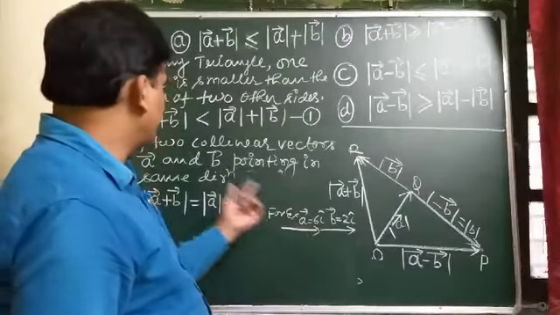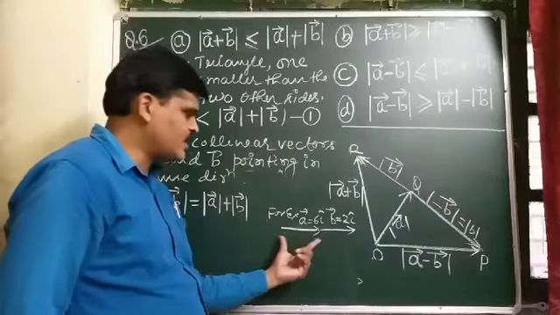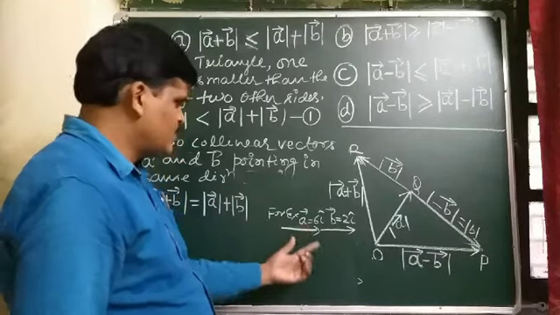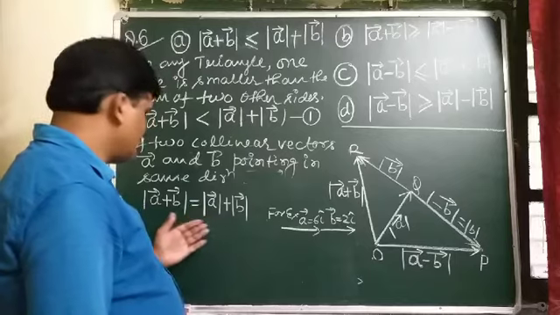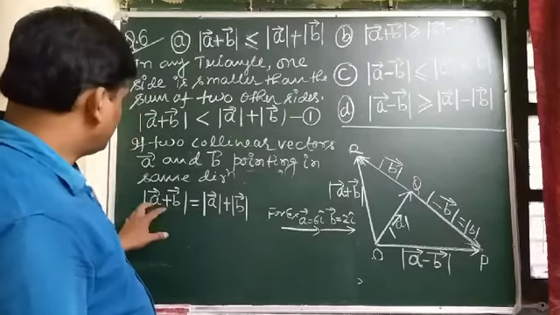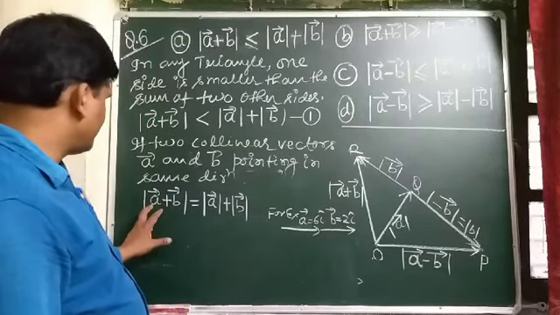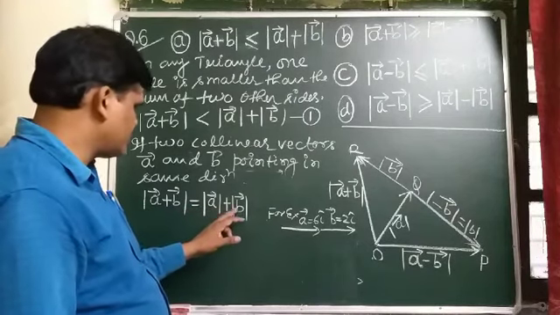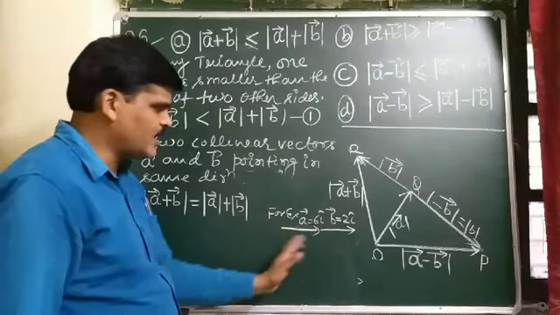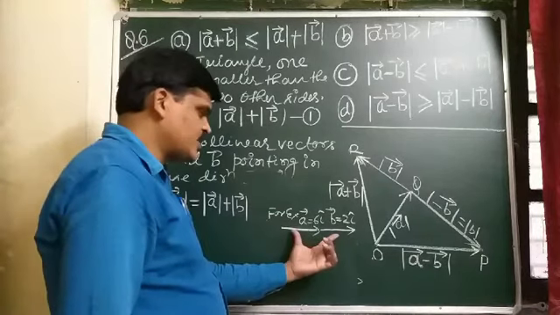Both vector A and vector B are collinear vectors acting in the same direction. So now we show this property, mod vector A plus vector B equals mod vector A plus mod vector B, for two collinear vectors acting in the same direction.